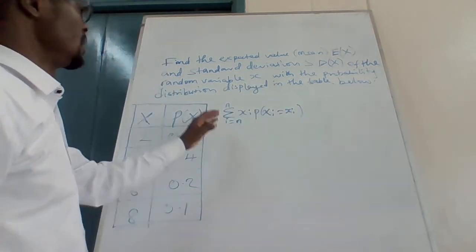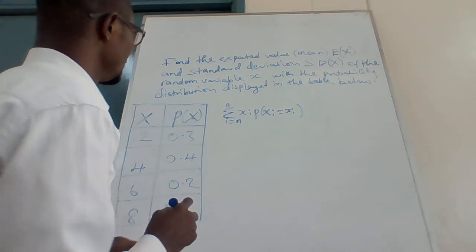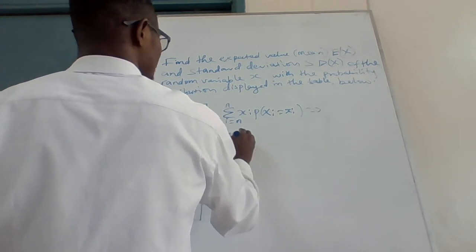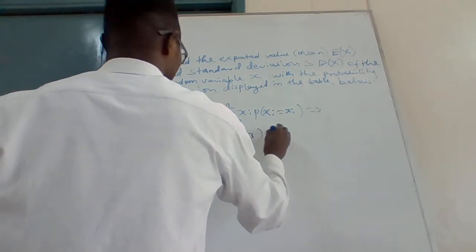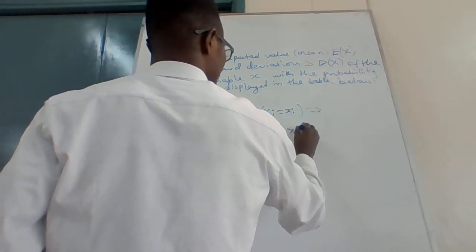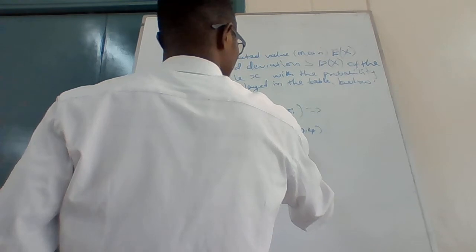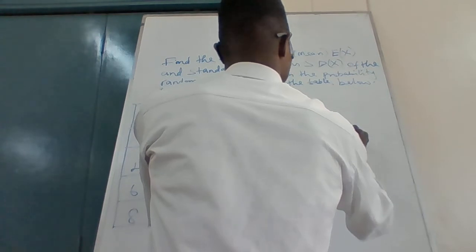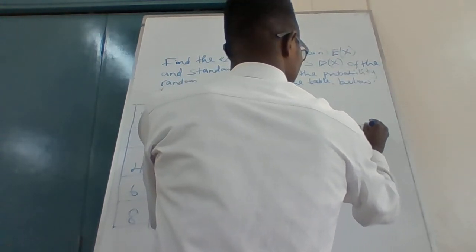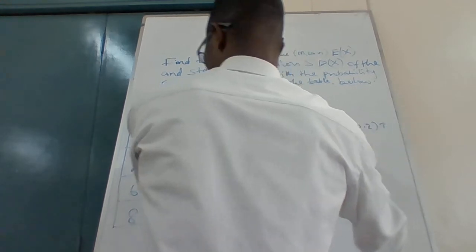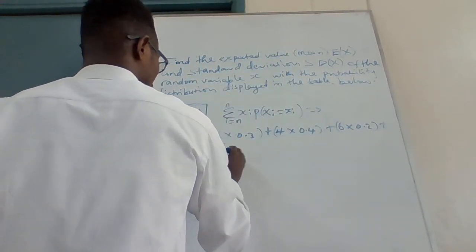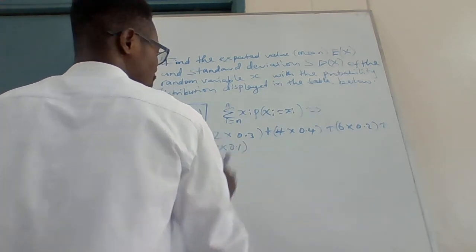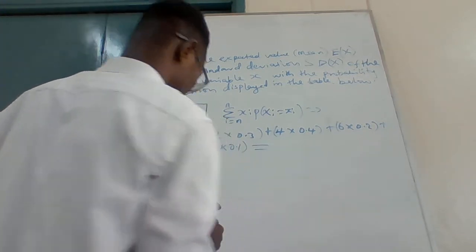So this is the only formula we'll be applying, and having done that, it implies that here we have 2 multiplied by 0.3 plus 4 by 0.4 plus 6 multiplied by 0.2 plus 8 multiplied by 0.1. So that this will give us our expected mean.